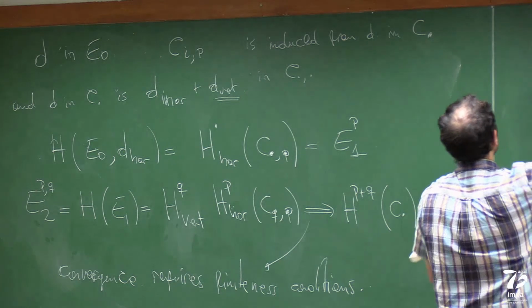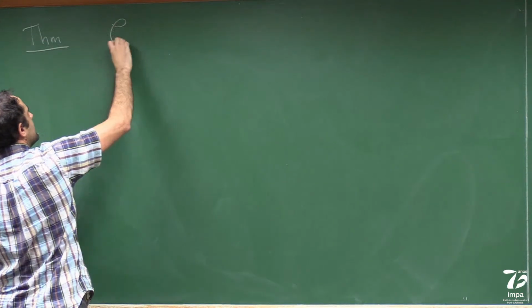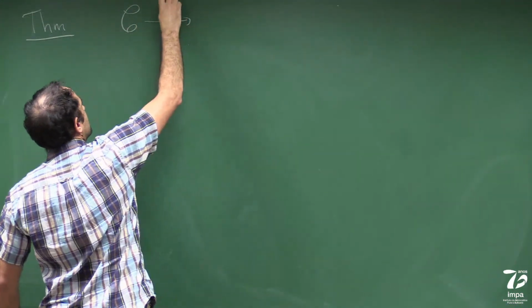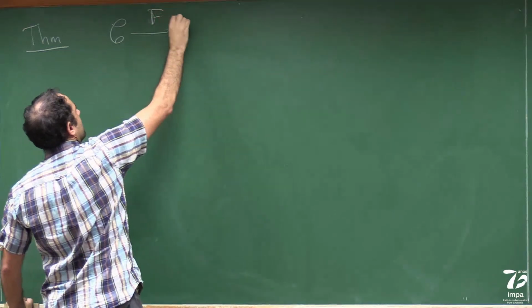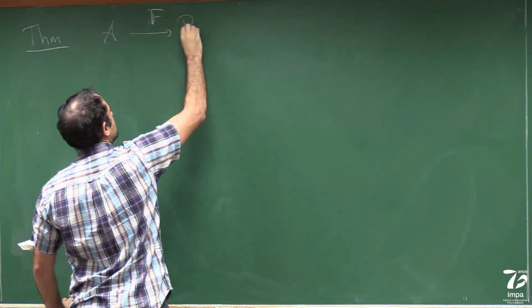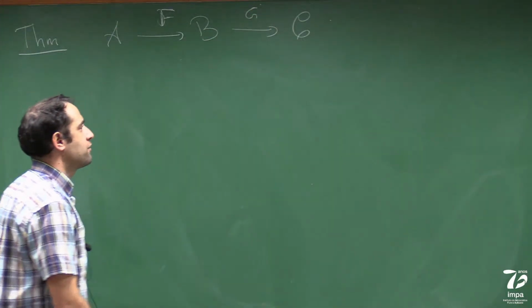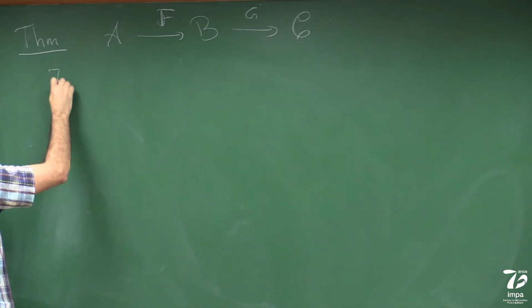So theorem. We have our A, our functor F to B, we have our functor G to C, and we want to compute the derived functors. So there exists a spectral sequence.